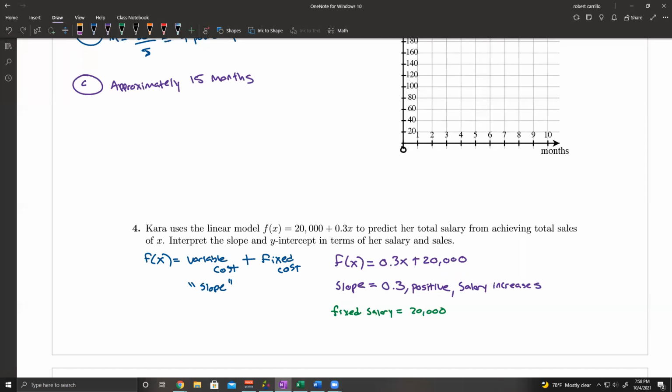So remember, her paychecks increase if she makes sales. If she doesn't make any sales, let's say she made 0 sales, how much money would she still make? $20,000. So no matter what, if Kara just sits there, maybe goes on vacation for the whole year, she's going to make $20,000 on her check.